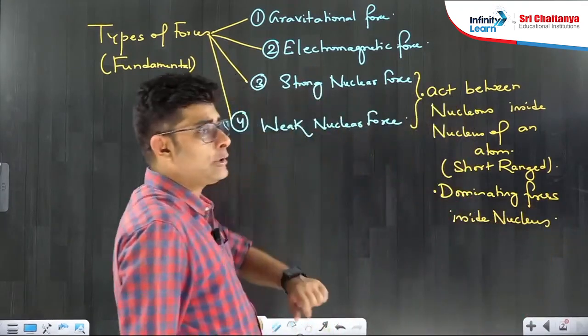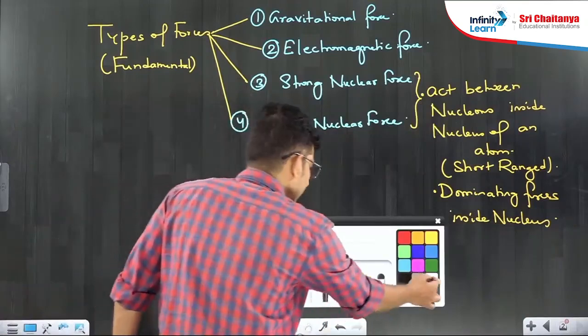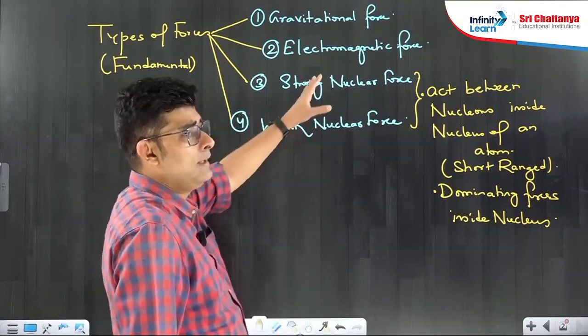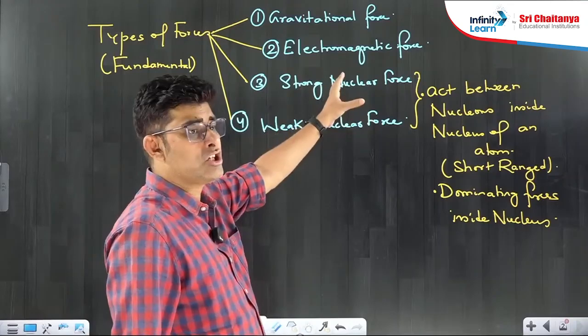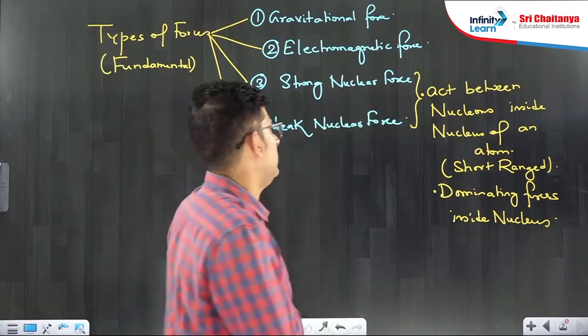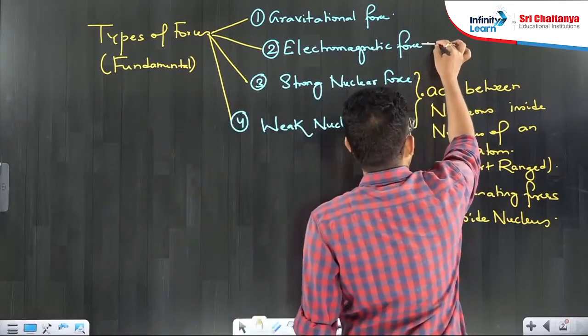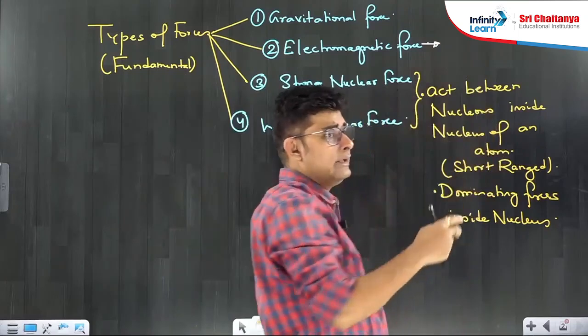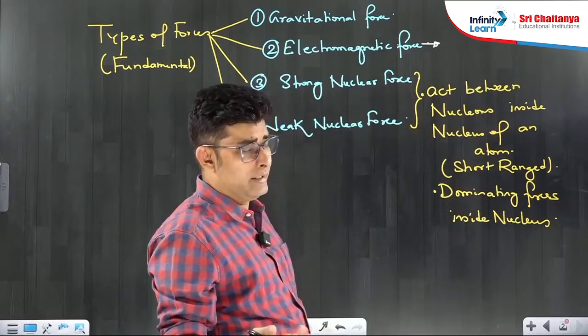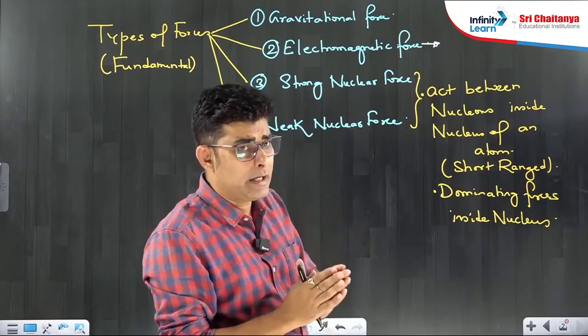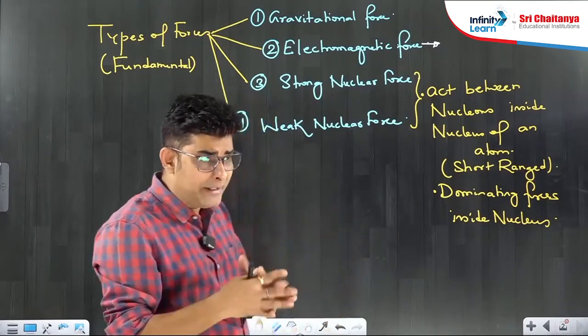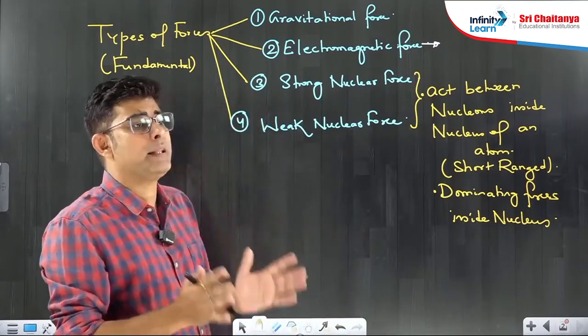Now talking about electromagnetic force. These forces are due to the transfer or sharing of electrons. Later on you will study that due to charged particles there are different types of fields which we call electric field and magnetic field. When we combine both, we call it an electromagnetic field.